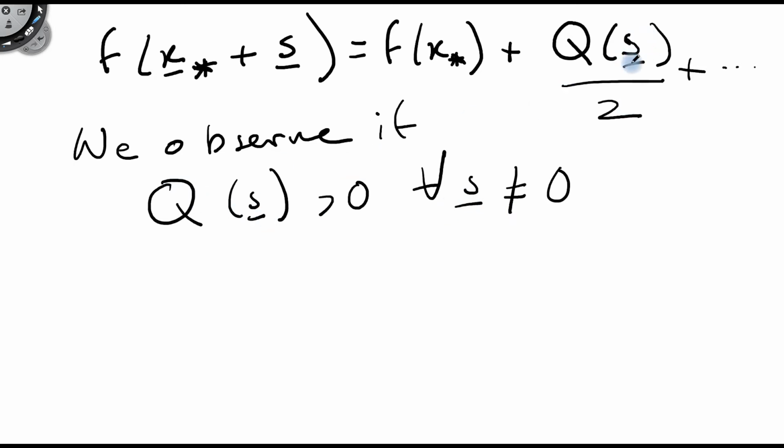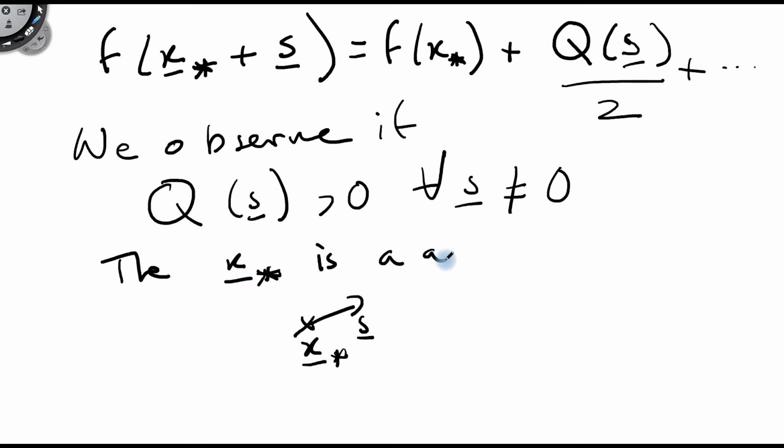That's saying you're starting at your point x star, which is your minimum, and you're searching, if you like, that's why it's called s, in any direction. And if the function increases in any direction, so Q of s is greater than 0 for all s, then f will increase. So if Q is positive, then f of x star is a global minimum.